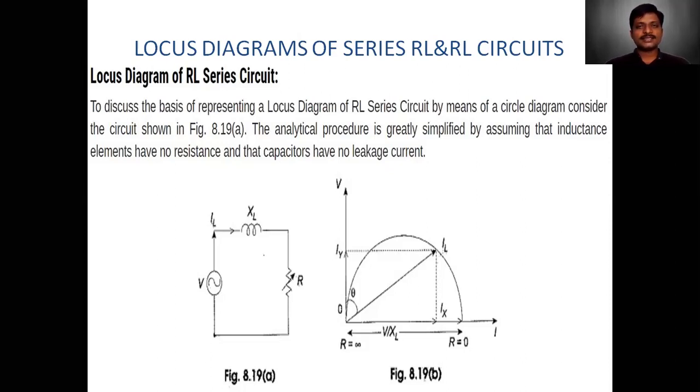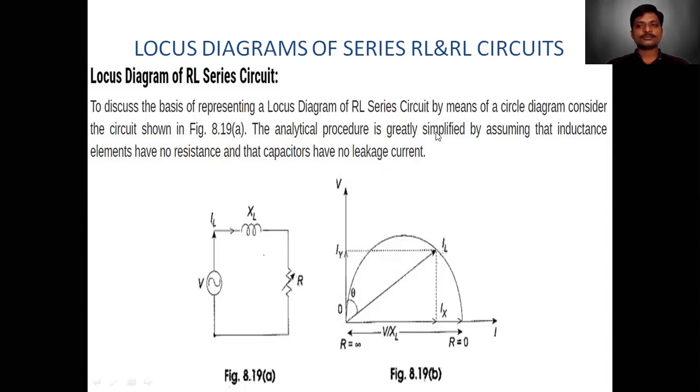When the resistance becomes infinity, the value of inductive reactance will be very low. In that case, resistance is very high, which means voltage and current in the circuit will be in phase with each other. In between these two extreme points, you can trace a path, and that path would be a semicircle. That is the locus diagram of RL series circuit when R is variable and inductance is fixed.